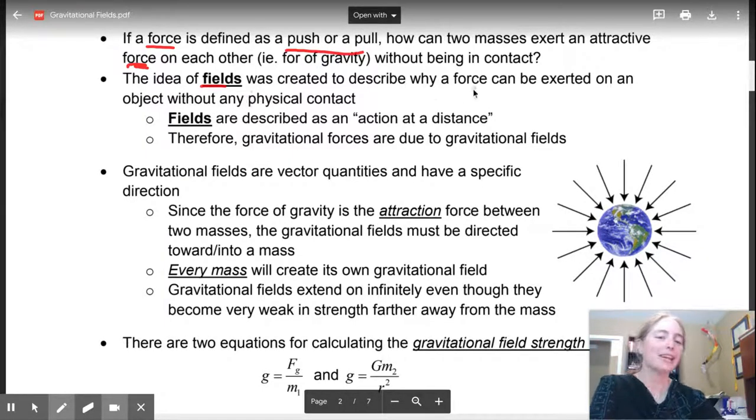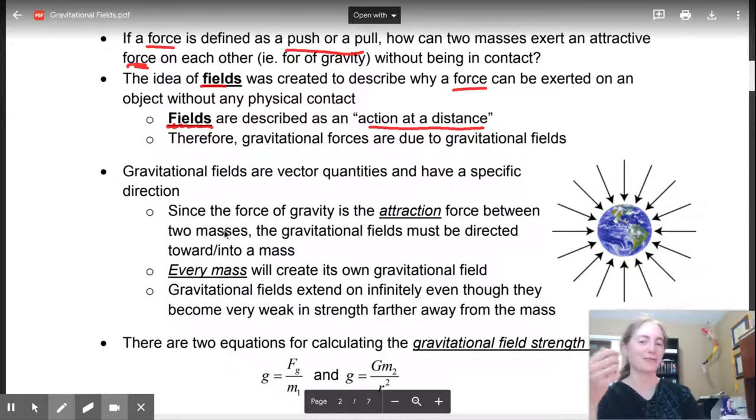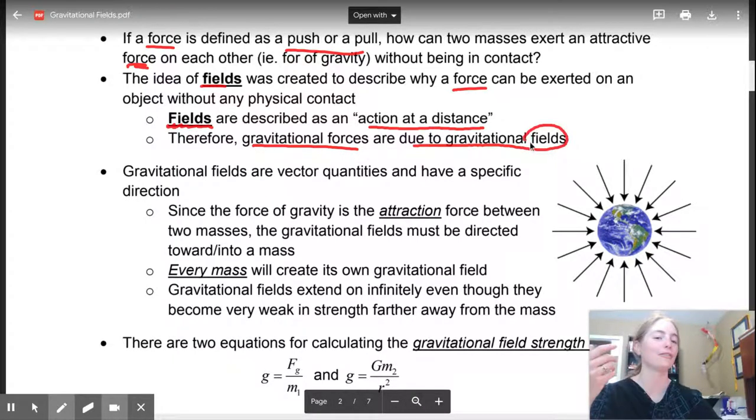It's a way to describe how a force can be exerted without any physical contact. These are essentially described as an action at a distance. Gravitational forces are due to gravitational fields, which give the ability to have an action at a distance.